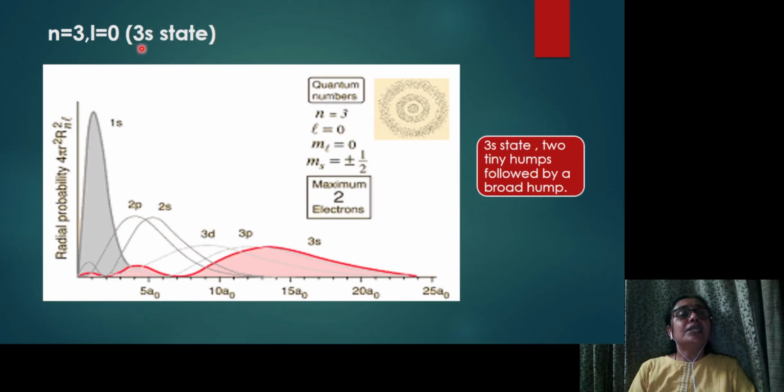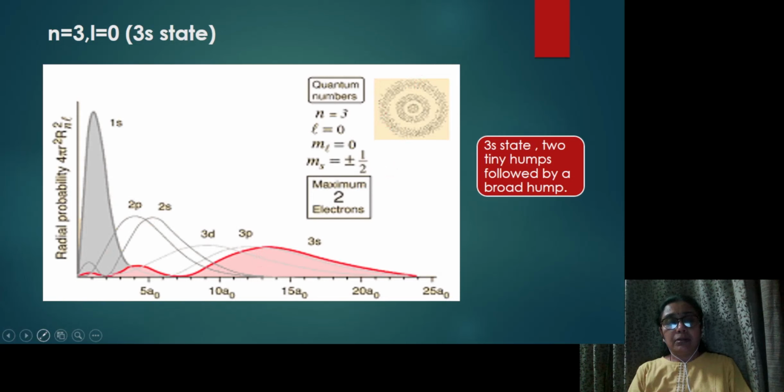If we consider the 3s state, which has n equal to 3 and again l equal to 0, we can see here that there are two small peaks and one broad peak for the 3s state. Again, if you look at the two-dimensional picture of probability, then these two smaller peaks are depicted here, the inner one and the outer small one, and the bigger one, corresponding to this broad hump, is the outermost circular pattern.